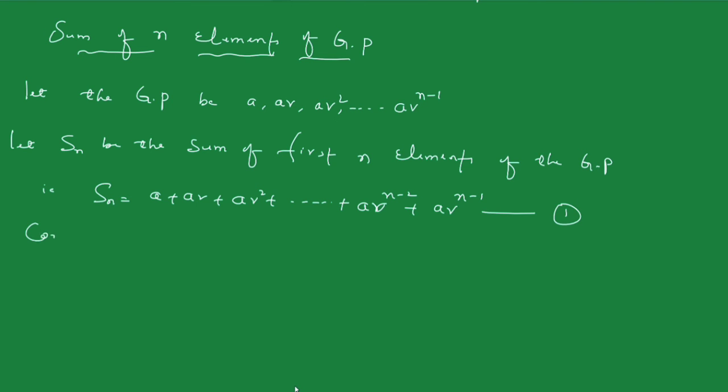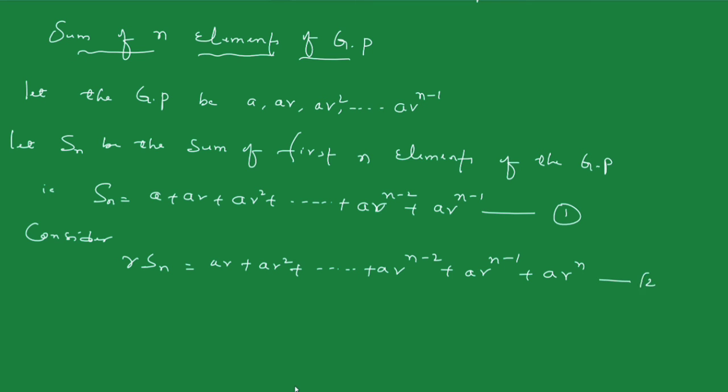Here we are considering Sn. So what we get here, if you multiply r to equation 1: r Sn equals ar plus ar square, so on, ar to the power of n minus 1 plus ar to the power of n, right?